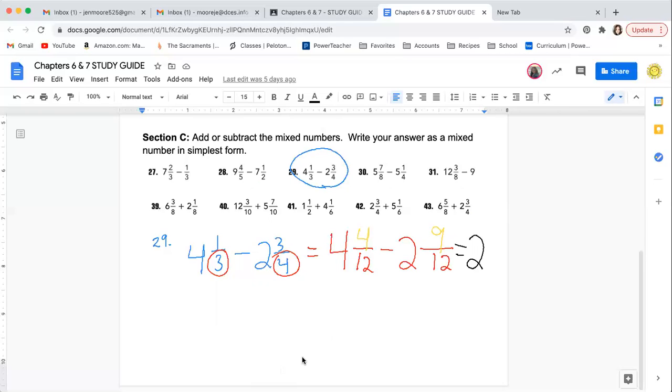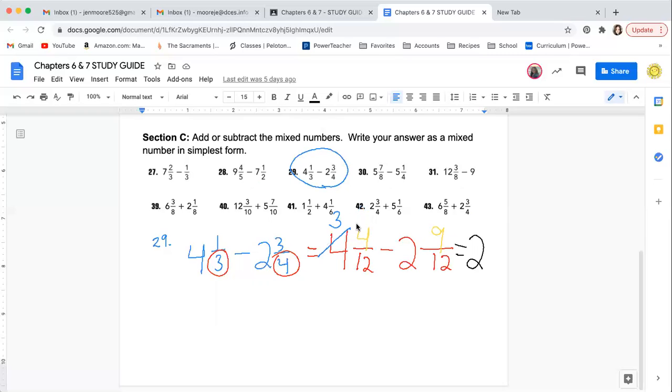The regrouping value is based on the fraction that you're working with. So if I were to borrow or regroup this mixed number and take away one whole from the mixed number here, I'd be left with just 3, right? Now here's the tricky part. When I regroup that to the fraction column, I can't just slide a 1 on here because that is what 10 is.